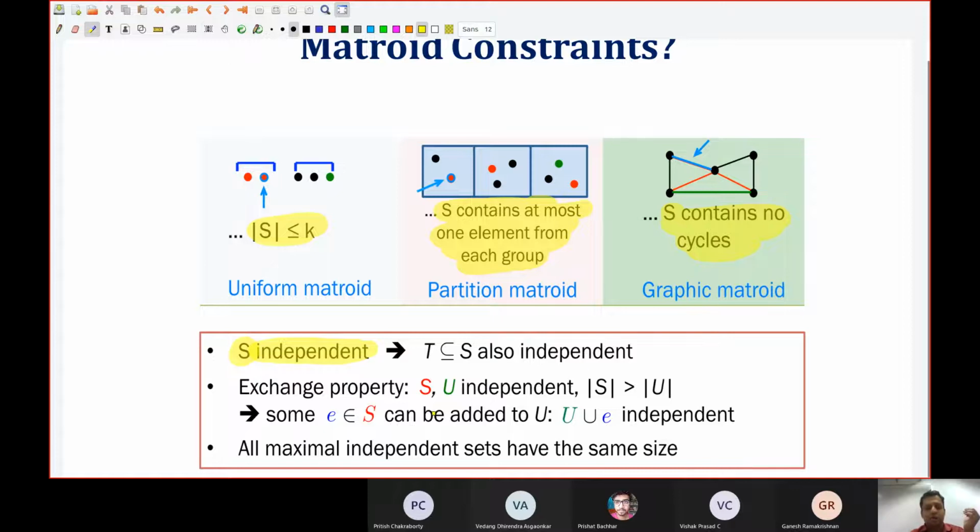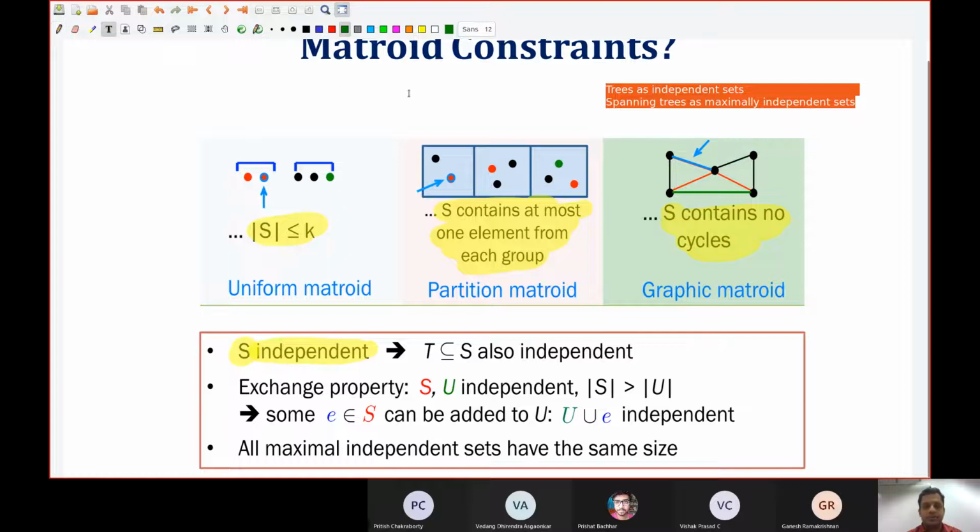Right? In the case of graphic matroid, what would be the maximally independent set? Huh? A spanning tree. So independent sets would be basically trees. So trees as independent sets, spanning trees as maximally independent sets. Right?